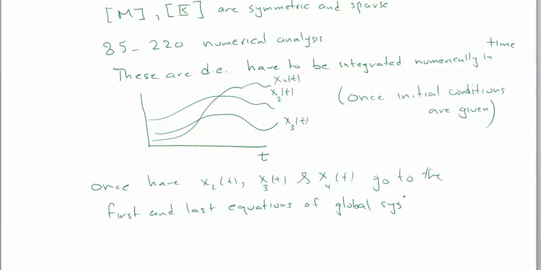Remember, the first and the last row involve the reaction forces of the wall. So if you go back there, you can plug in your information and find the reaction force at the left wall and the reaction force at the right wall.